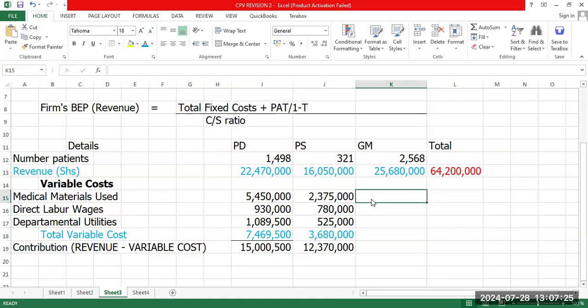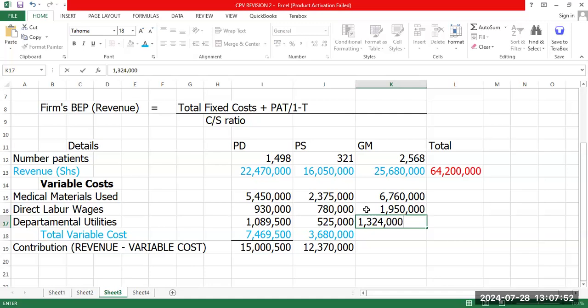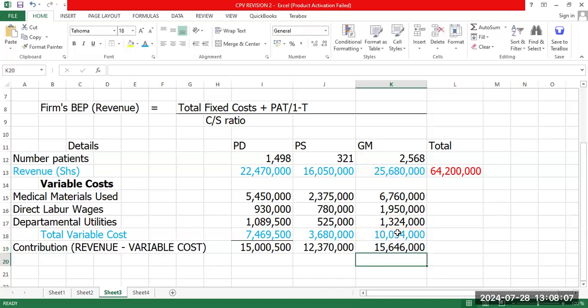Then here, medical materials used for GM department, it is 6760 in our question. Then here it is 1,750,000. Then here it is 1,324,000. Then the total, I add this plus this plus this. I will get that. Then the contribution here, I get revenue minus variable costs.